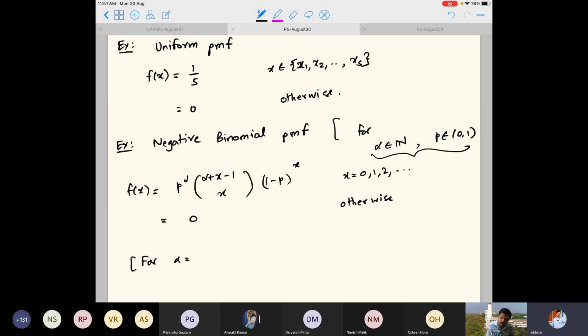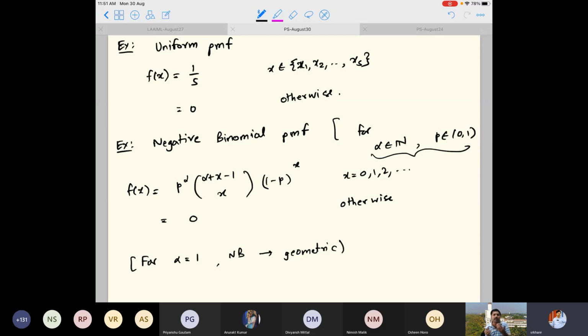Negative binomial becomes the geometric PMF, the geometric density, the geometric probability mass function. Can you check that? If alpha is equal to 1, this is geometric. Can you see this?